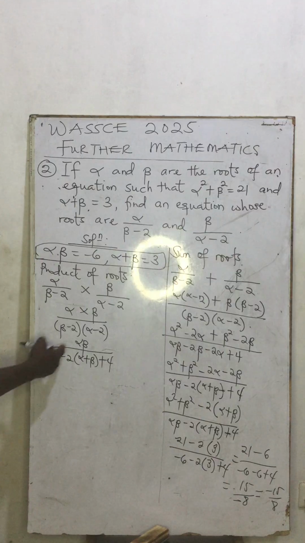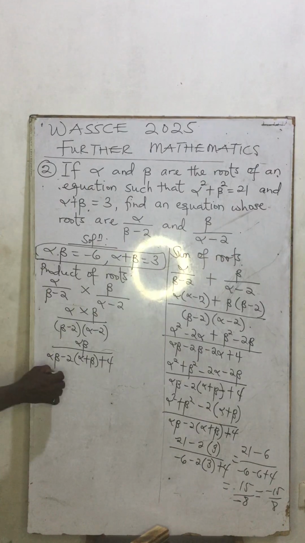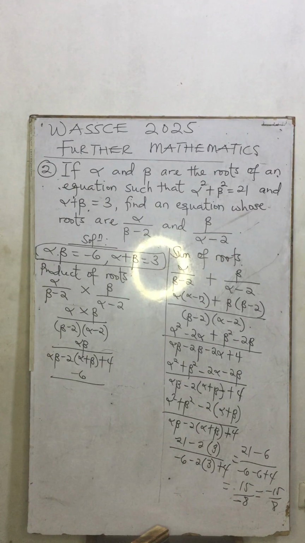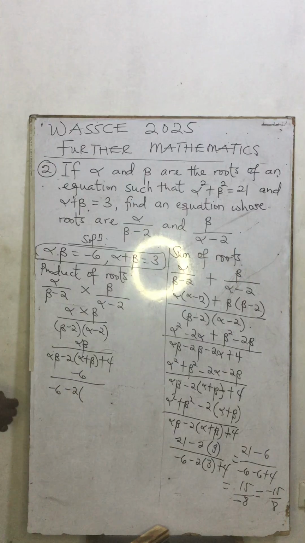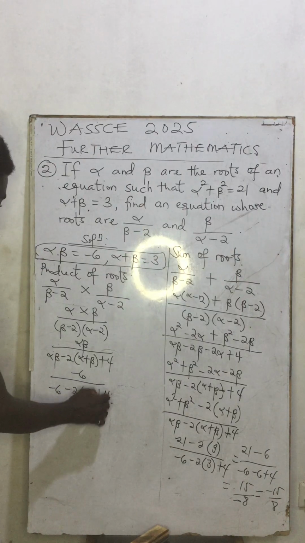So now we just substituted. Alpha beta is given to us as -6 all over alpha beta again, -6 minus 2 times alpha plus beta, which is 3, then plus 4.